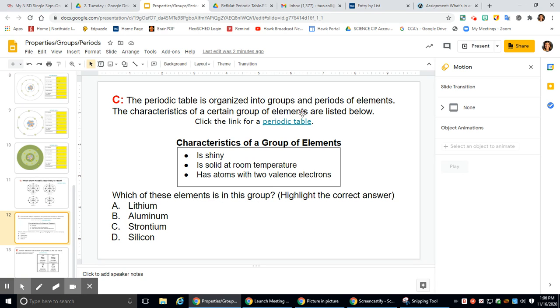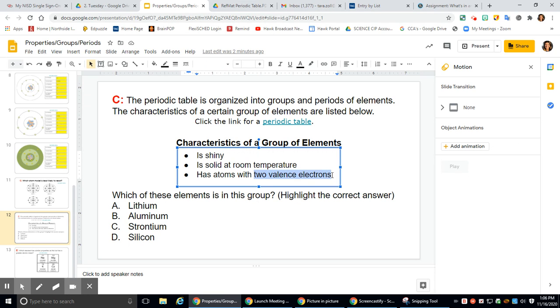And one more connection. The periodic table is organized into groups and periods of elements. The characteristics of a certain group of elements are listed below. The element is shiny, it's solid at room temperature, has atoms with 2 valence electrons. So this is a clue here. If I have 2 valence electrons, it means I'm in group 2. So which of these elements is in this group?